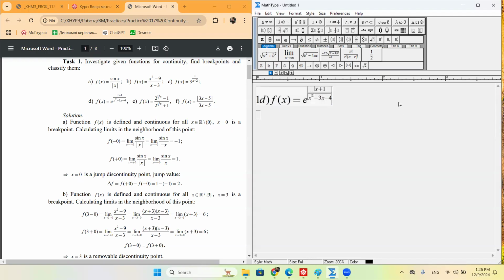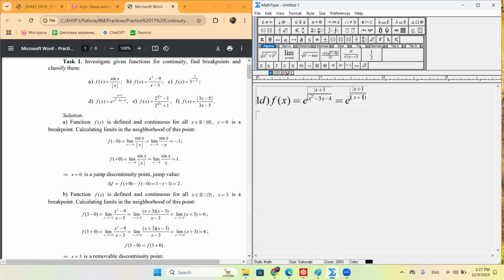Well, to define which points can be discontinuity points, first of all, we need to factorize the denominator of this exponent. So the roots are minus 1 and 4.